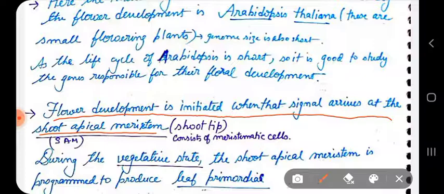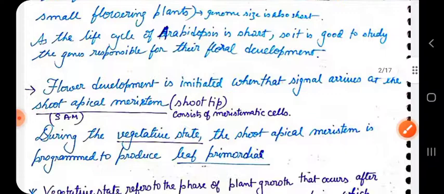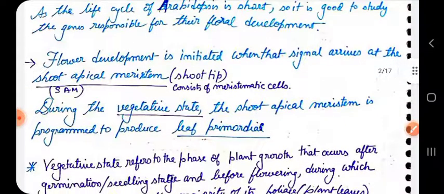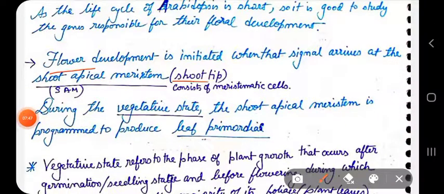That signal allows the shoot apical meristem to trigger the genes responsible for floral development. So mainly the flower develops from the shoot tip, or shoot apical meristem. In short, we say SAM.